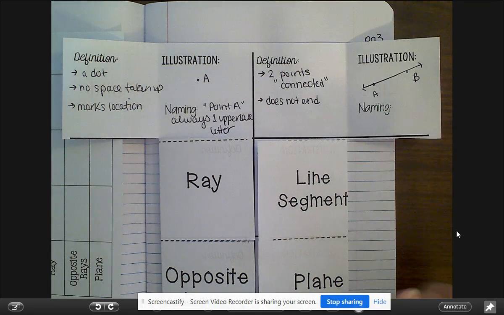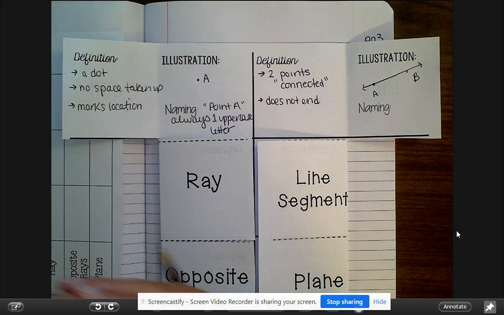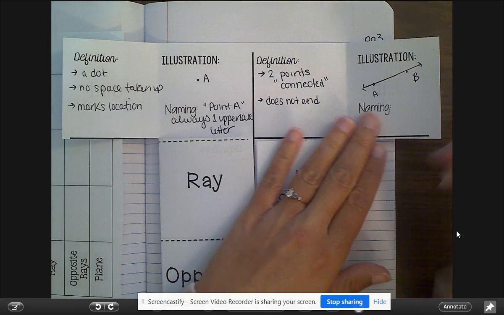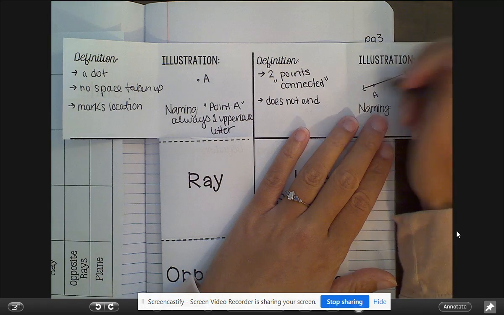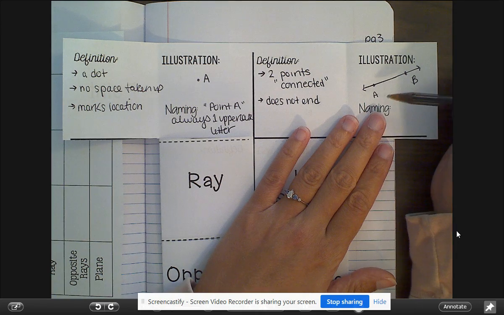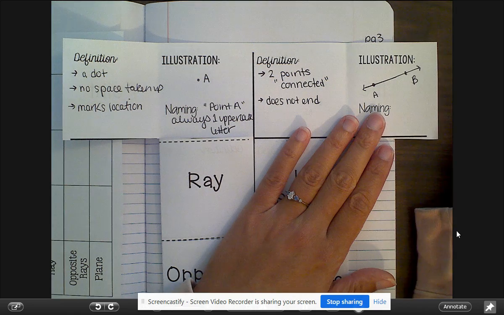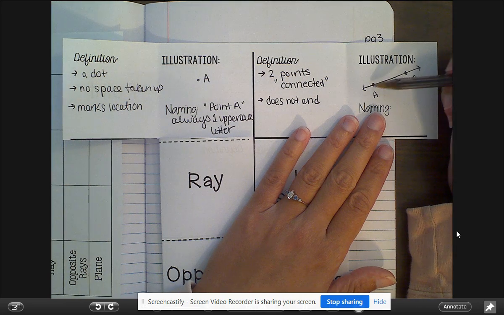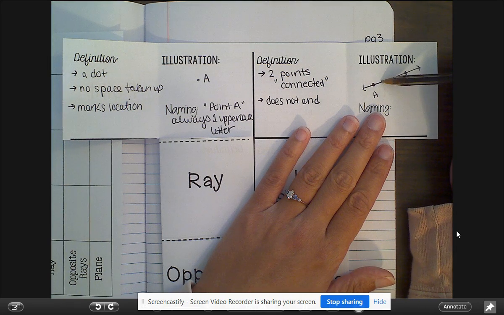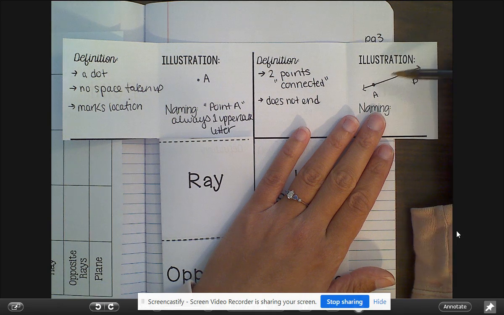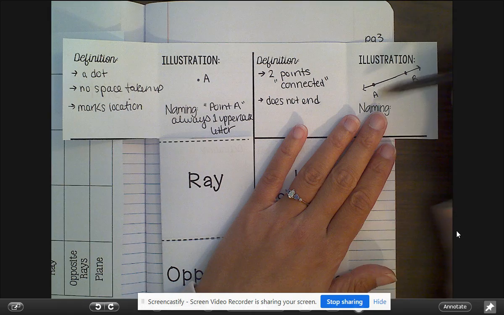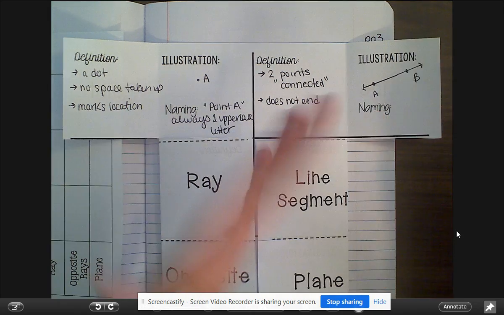Arrows mean that I do not end. And it's important to understand that the arrows are important. And it's also important to understand that even though I'm only showing 2 points on here, there are lots of other points that I could put on this line. So like I could put a point right here and call it C, or I could put a point over here and call it D. Like there are lots of other points that we could just randomly draw on the line if we wanted.